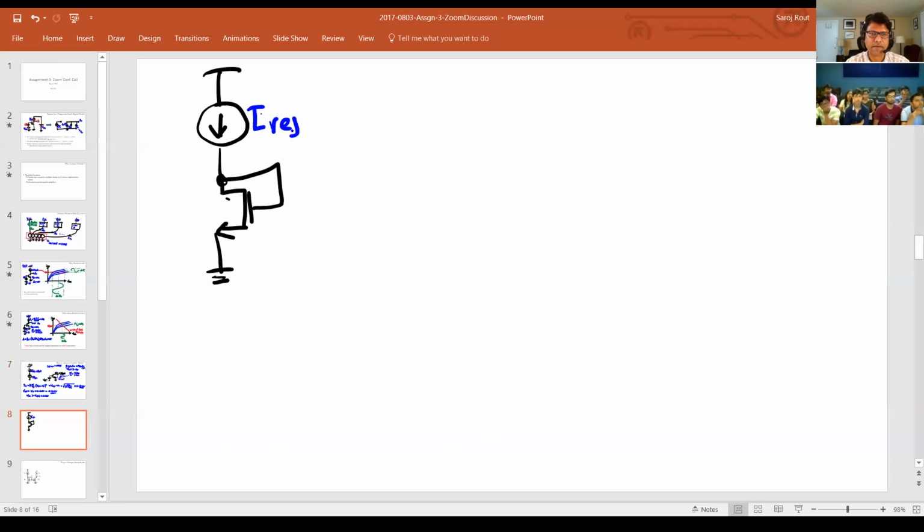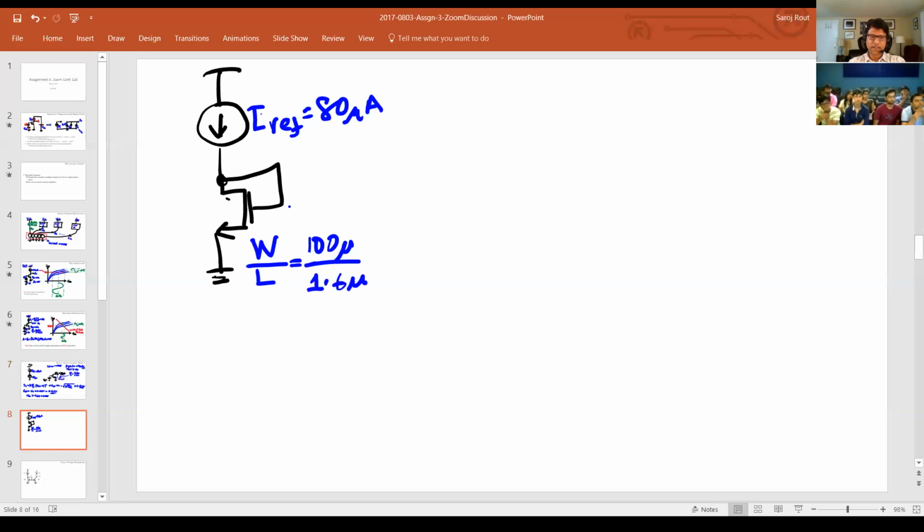This I ref equals 80 microamps, let's say. I'll put it here, and the W over L I'll make the same, which I think was 100 micrometer by 1.6, right?